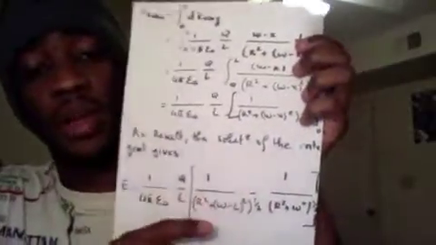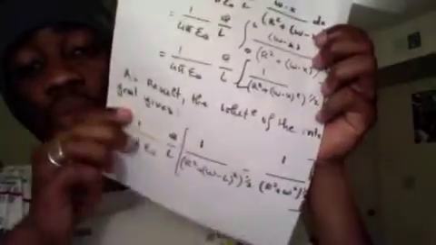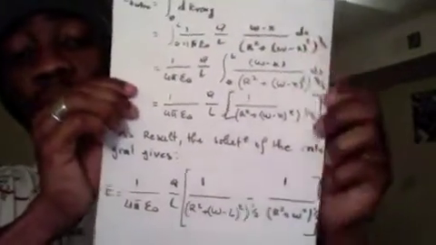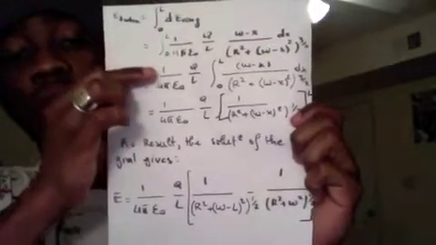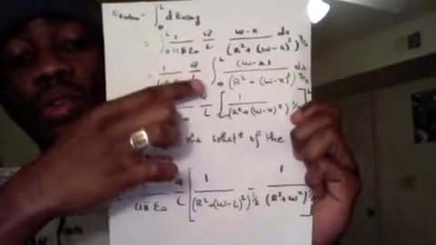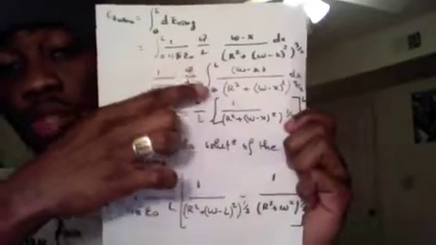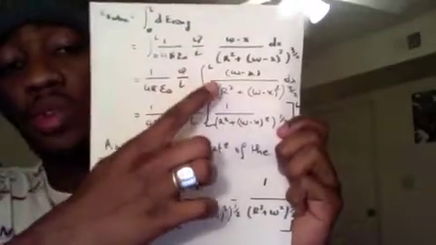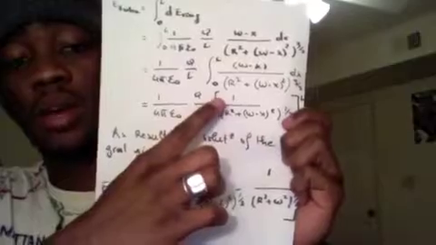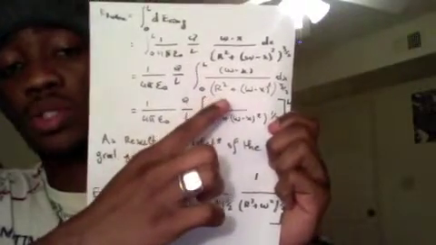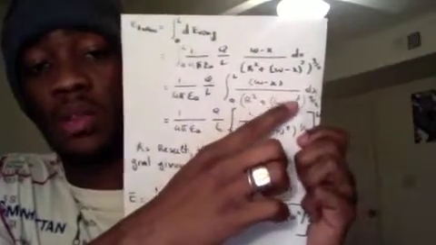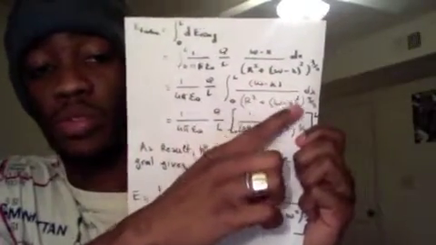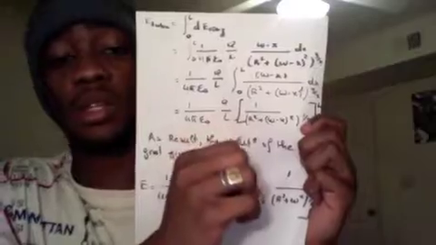Hence, here in our formula, we see that E tube becomes 1 over 4 pi epsilon 0 Q over L, integral from 0 to L of w minus x over r squared plus w minus x, everything squared, and the denominator raised to the power of 3 halves dx.